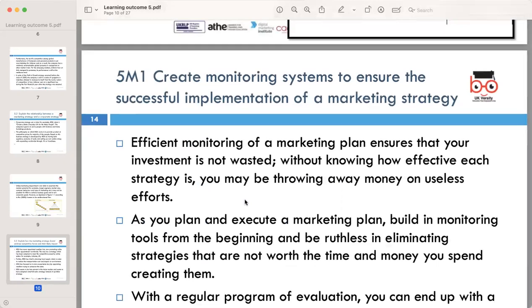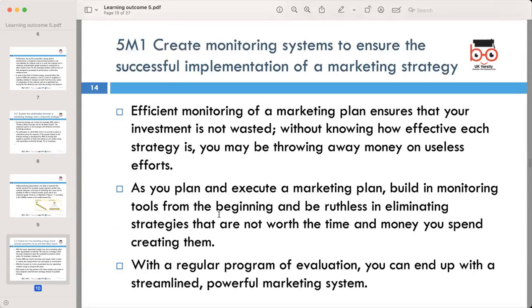Next, create a monitoring system to ensure the successful implementation of a marketing strategy. Efficient monitoring of a marketing plan ensures that your investment is not wasted. Without knowing how effective each strategy is, you may be throwing away money on useless efforts.